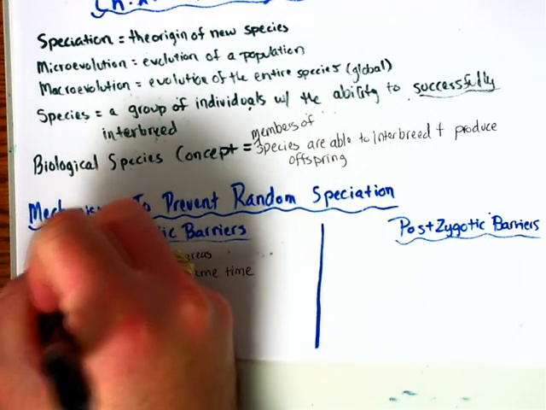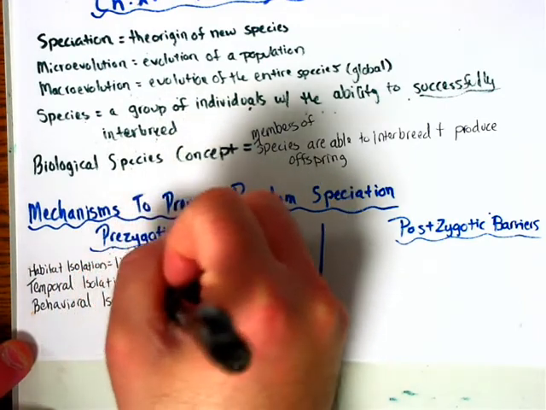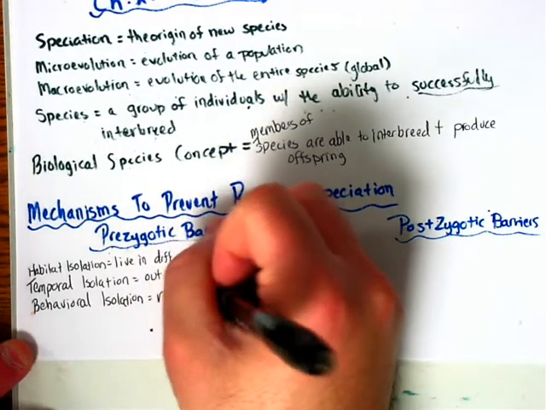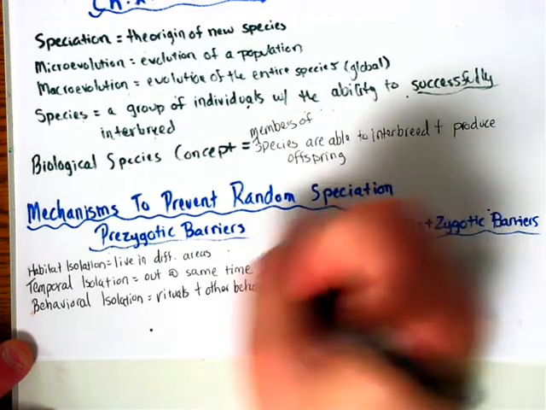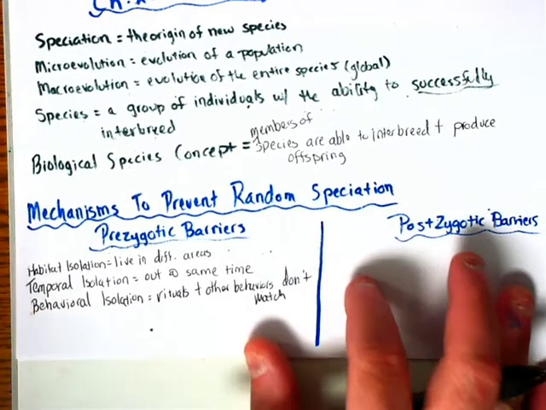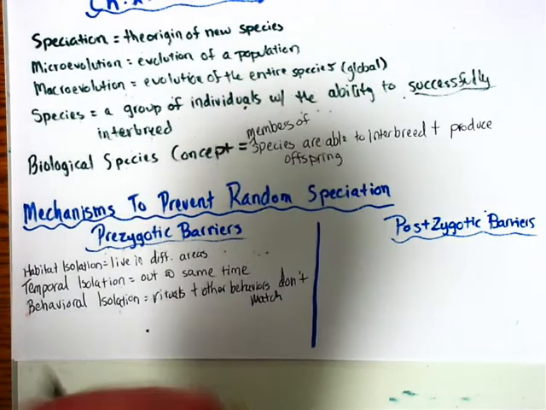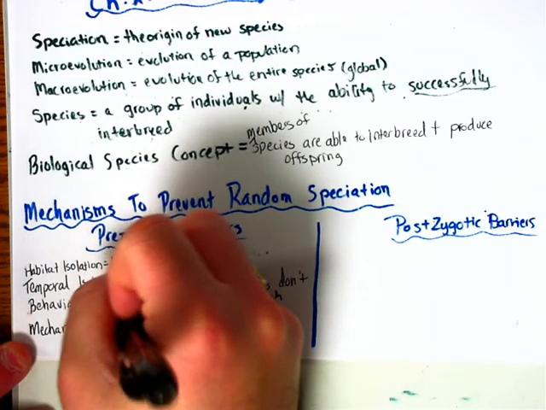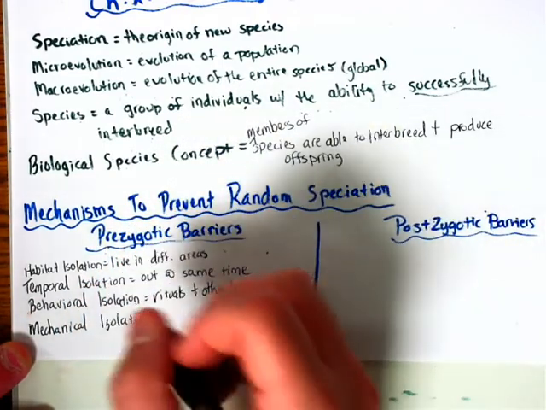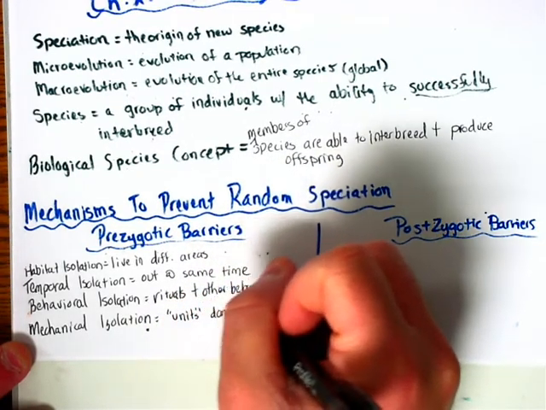Behavioral isolation. Maybe certain rituals, like courtship rituals, and other behaviors don't match. You know, like a cow goes moo, duh, and a dog barks. I think those behaviors are certainly not the same. So, behavioral isolation. There's also mechanical isolation. What mechanical isolation means is that basically the units don't match.